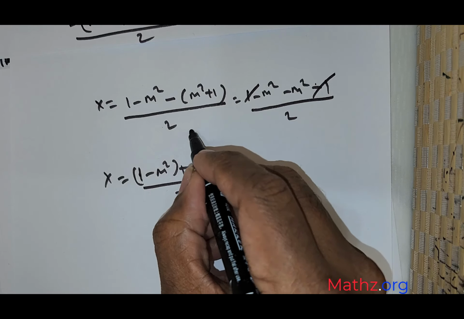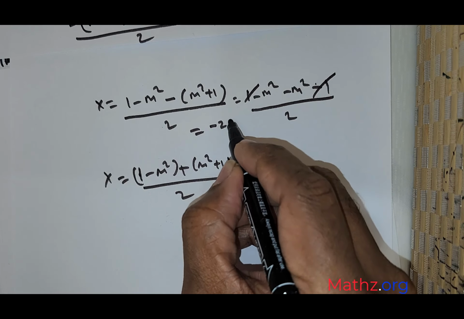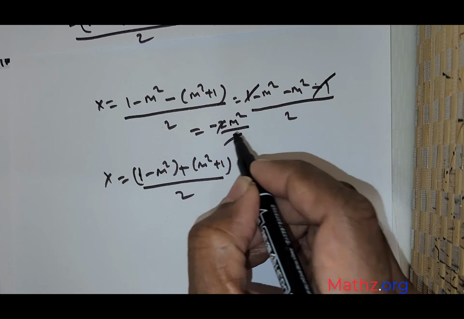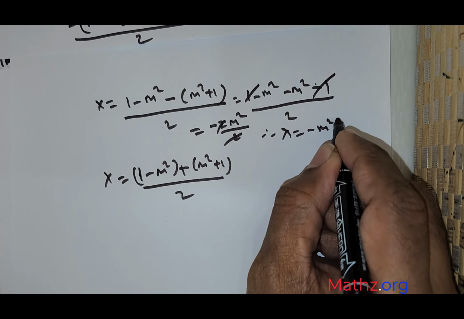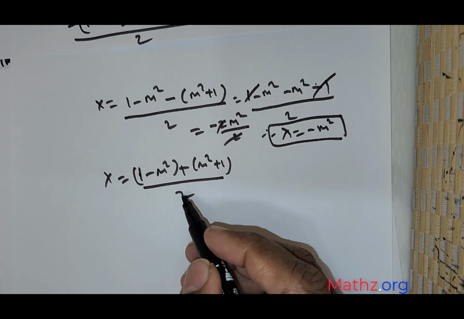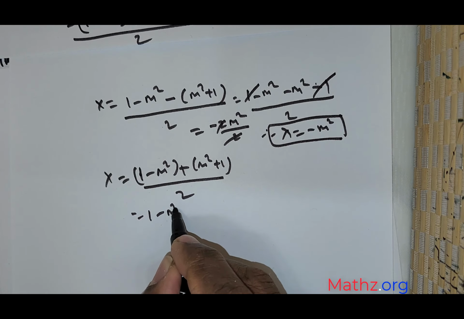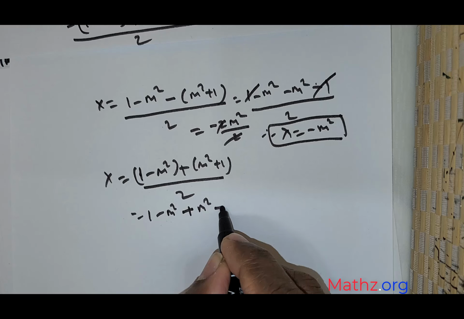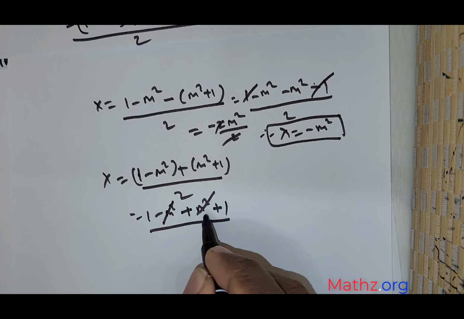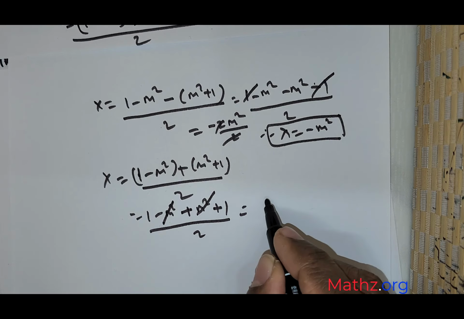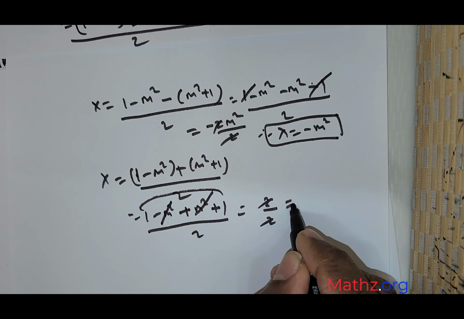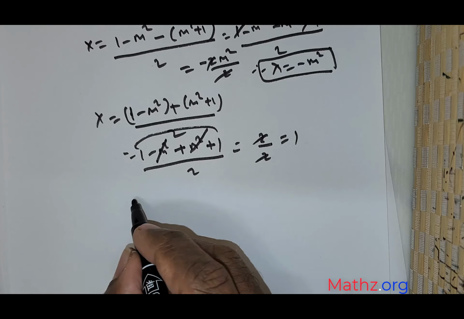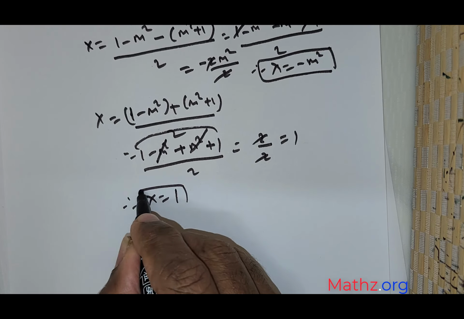Negative positive will get neutralized, giving me negative 2 times m squared divided by 2. So therefore x would be equal to negative m squared. So that is one value. From here you will have 1 negative m squared positive 1. Negative positive will get cancelled, giving me 1 added with 1. That's going to be 2 over 2. 2 gets cancelled, giving me 1. So therefore from here I get x is equal to 1.